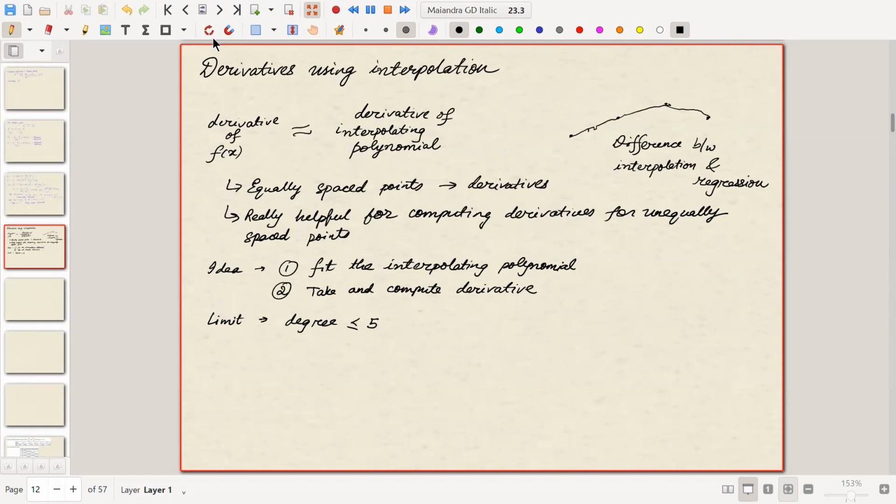If you take a higher degree of the polynomial, then there might be hidden oscillations in your function, because it's a high degree polynomial. Think of the parabola, then the cubic, then x fourth, x fifth, and so on.